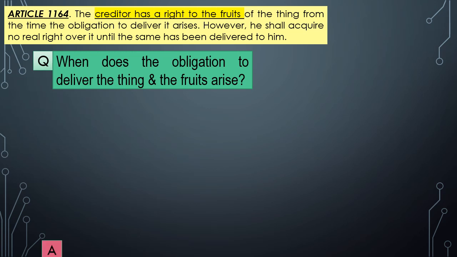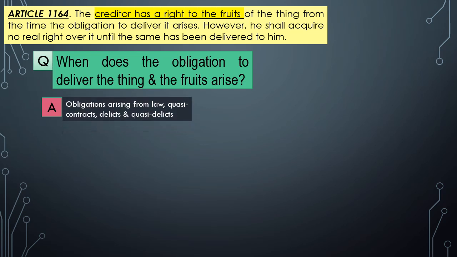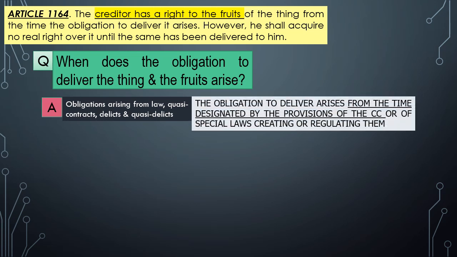Answer is depende, because if the source of the obligation is law, quasi-contracts, delicts, and quasi-delicts, the obligation to deliver arises from the time designated by the provisions of the Civil Code, or if there are special laws, the provisions in the special law creating or regulating them. How about if the obligation arises from contracts?